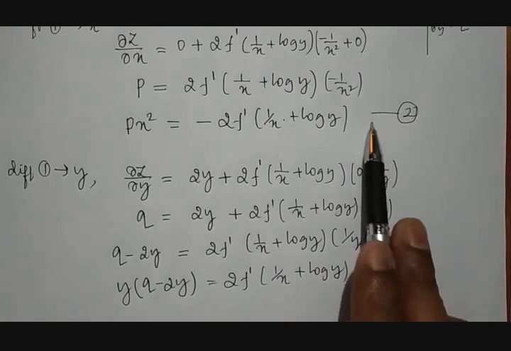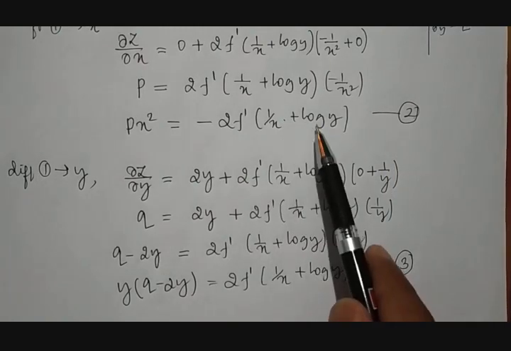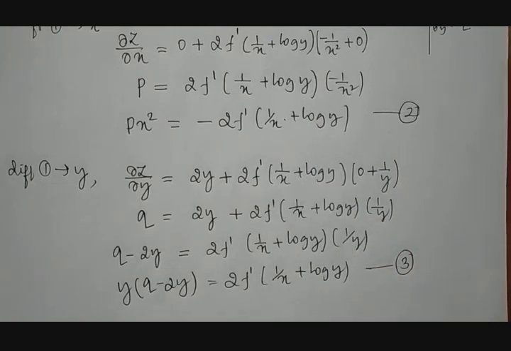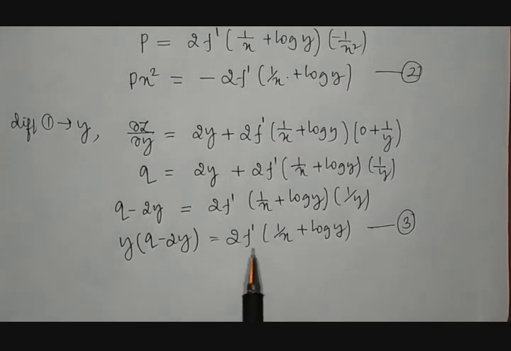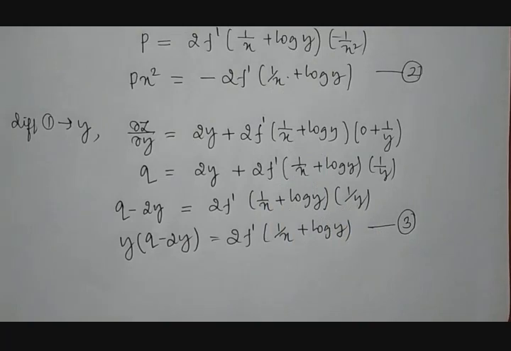If you see equation number 2 and 3, either you substitute this value directly in this equation or else divide these two equations to eliminate the term. Both are accepted. Either directly substitute 2 f dash of this here in equation number 2, or else divide.